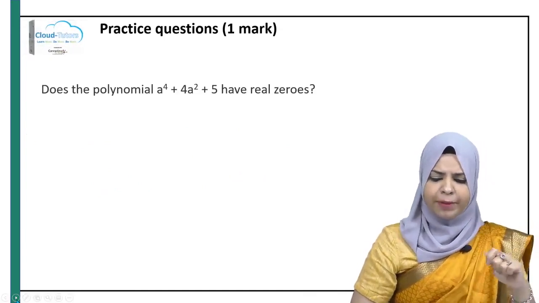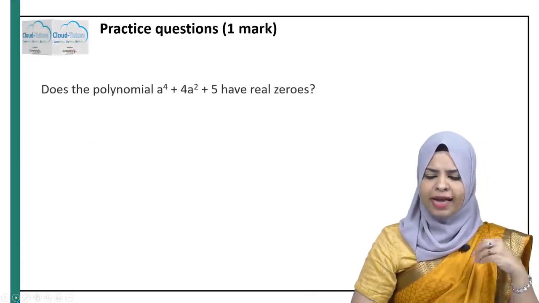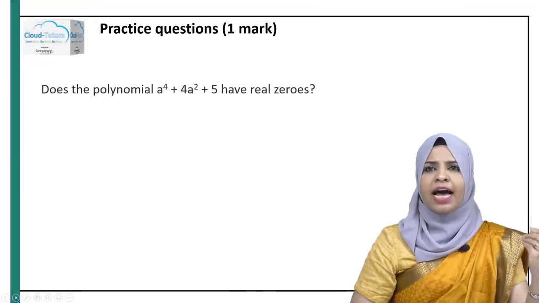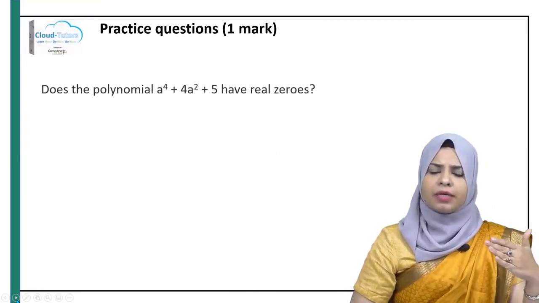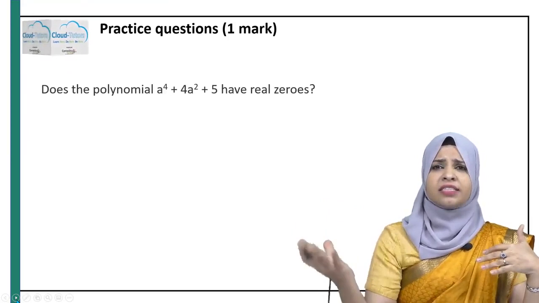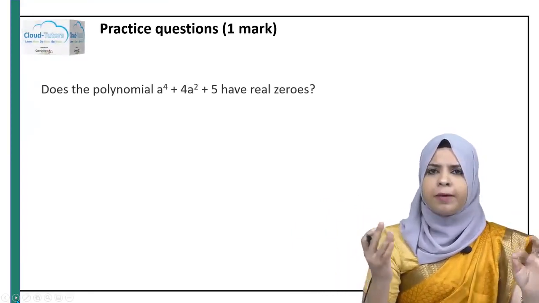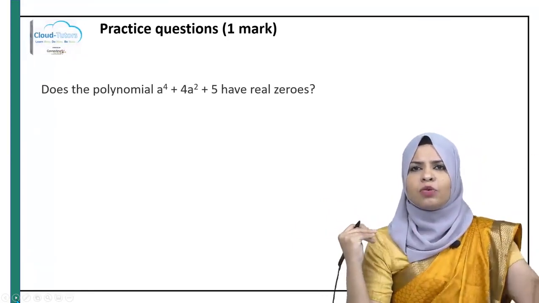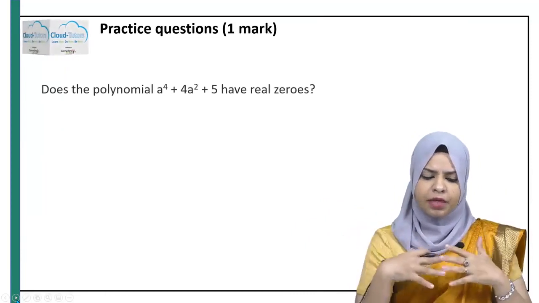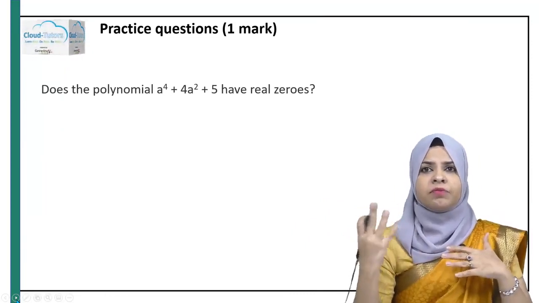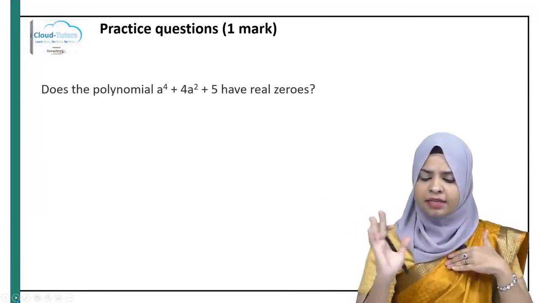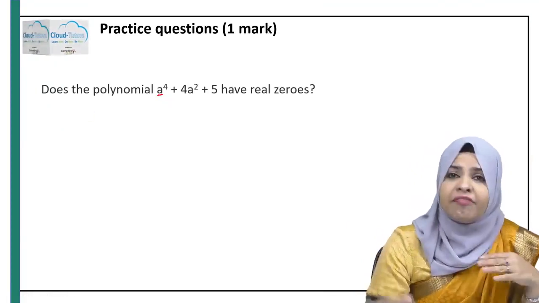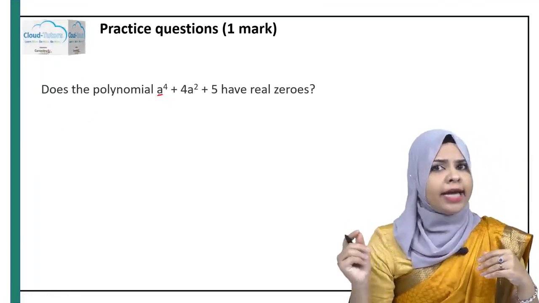Does the polynomial a power 4 plus 4a square plus 5 have real zeros? Before going into whether it has a real zero or not, observe here that previously, whatever questions we took up had the variable as x. Here it is a. The variable is a and not x.